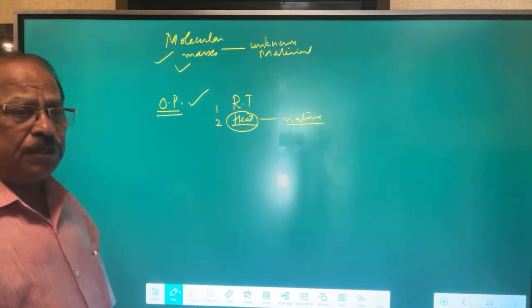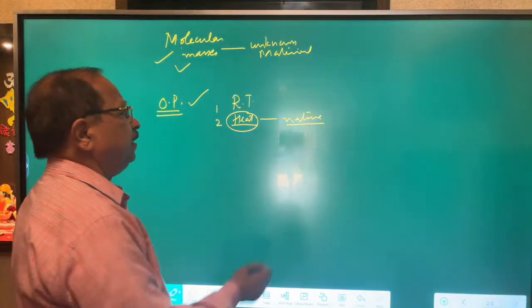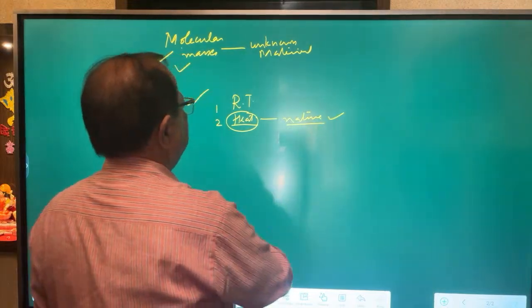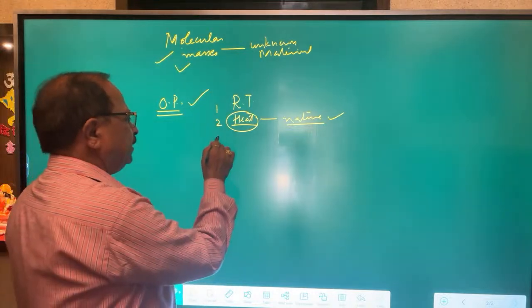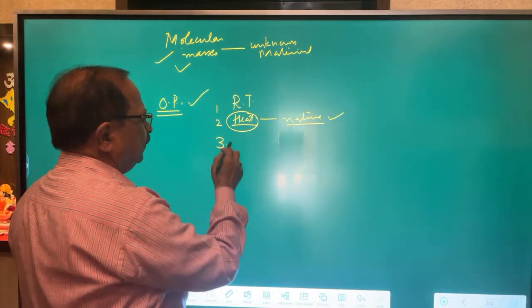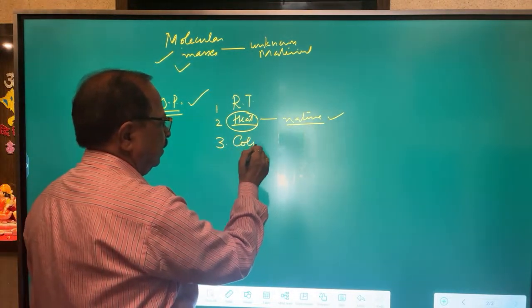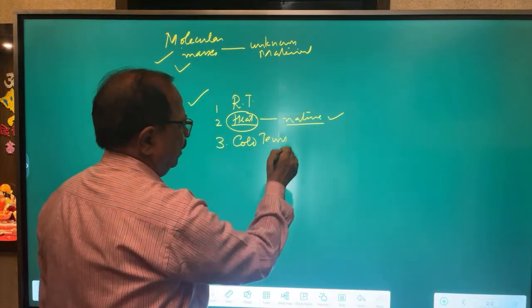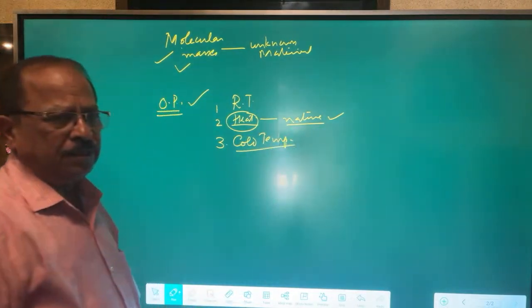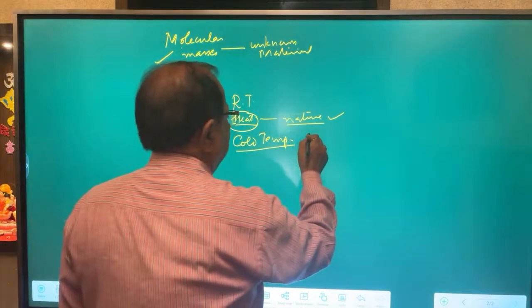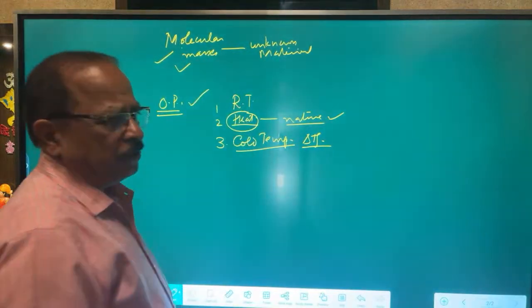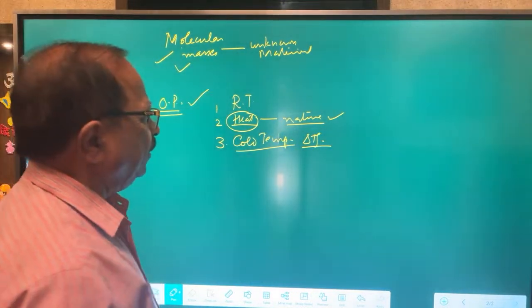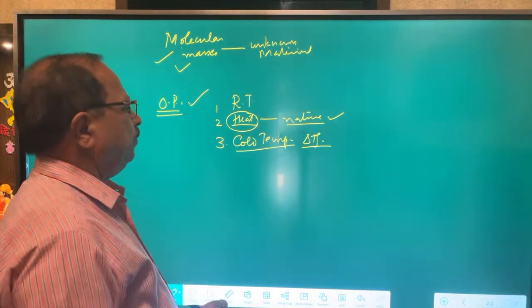There may be denaturation, there may be polymerization. So compared to delta TB, osmotic pressure is a better process. And there are certain things which cannot withstand cold temperature, their nature gets changed. So delta TF is also comparatively not as good a colligative property for determination of molecular mass.